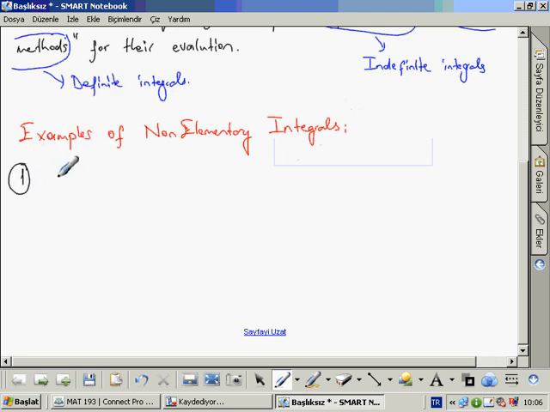First one, which is a very popular error function, ERF x, the error function. That means it equals 2 over square root of pi, and the integral from 0 to x of e to the minus x square dx.